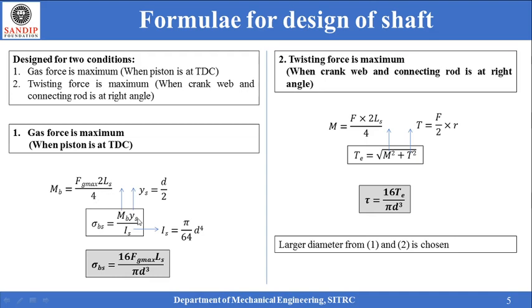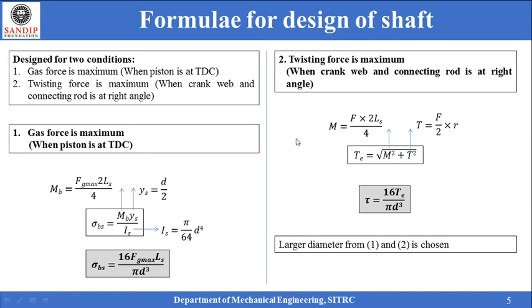The distance between the extreme fiber and neutral axis is d by 2, where d is the diameter of the shaft. I is the area moment of inertia of a shaft about its diameter, given by pi by 64 d raised to 4. Substituting all these terms, we get the final equation for the bending stress in the shaft. If the material property is known, then the diameter of the shaft can be calculated from this formula.